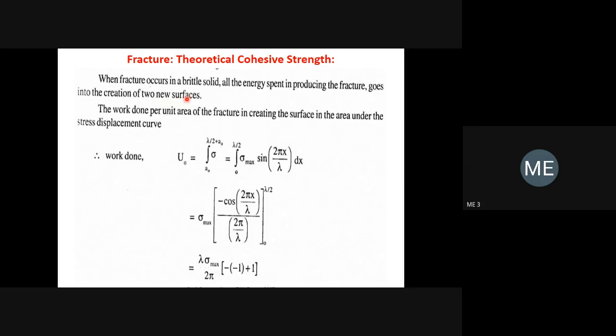That means you have spent some amount of energy. Even in the tensile test at the macroscopic level, you have applied a certain amount of energy or load, and because of the loading, the specimen is fractured into two pieces. Finally it forms one surface on the cup part of the specimen, and one more new surface on the cone part of the specimen.